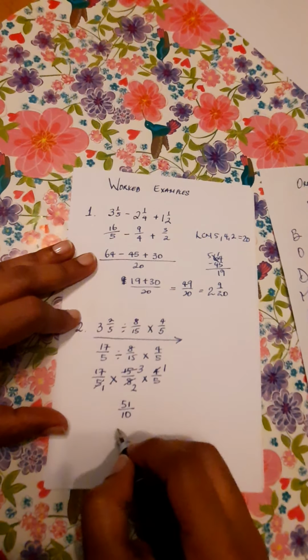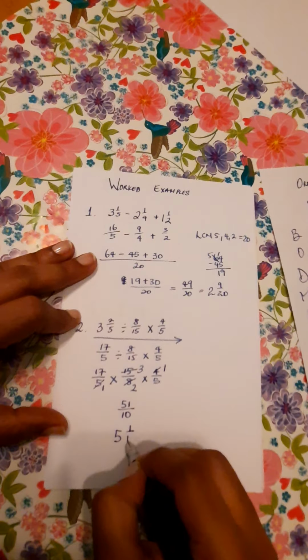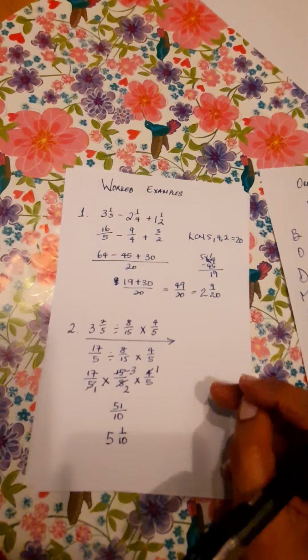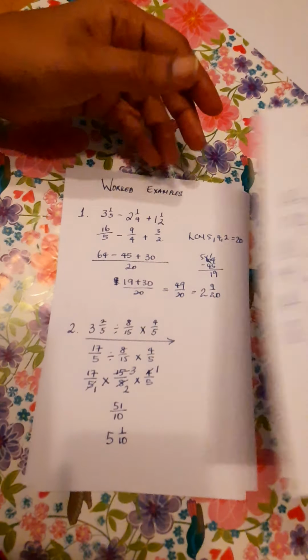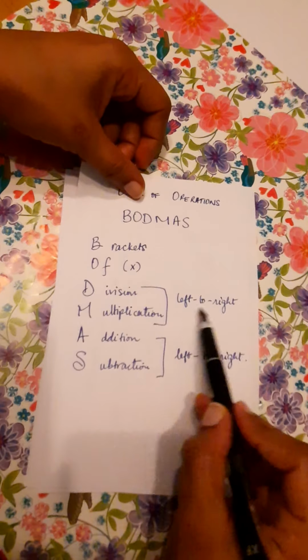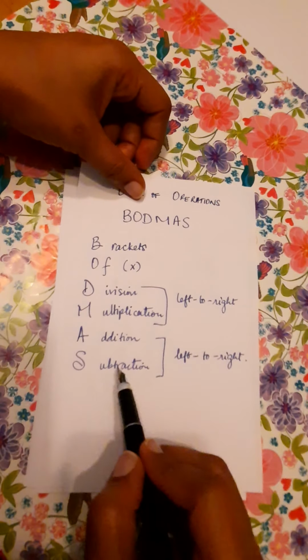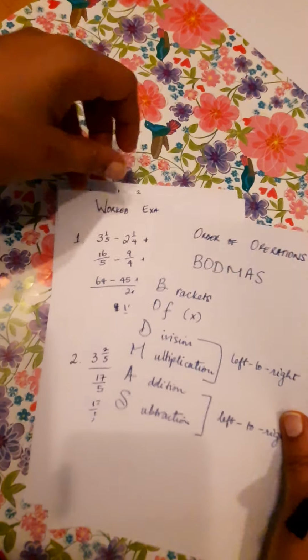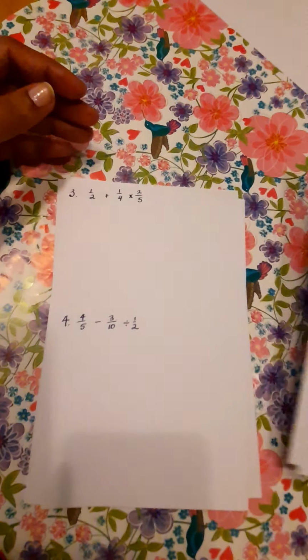So we can write that as 5 and 1/10. All right, so with these first two examples, we wanted to show you how we do the division and multiplication left to right and the addition and subtraction left to right. However, these are not generally how these questions come. These are the basic ones.